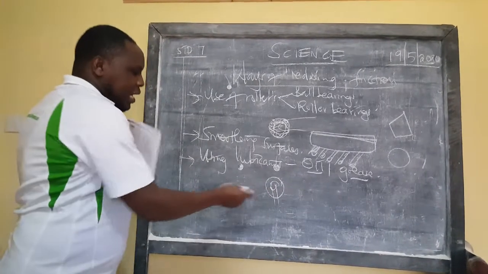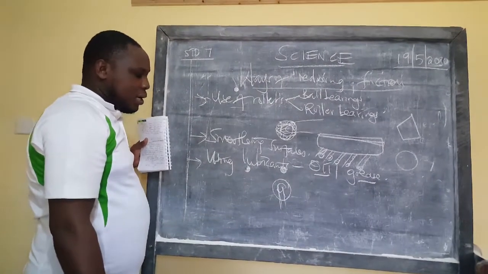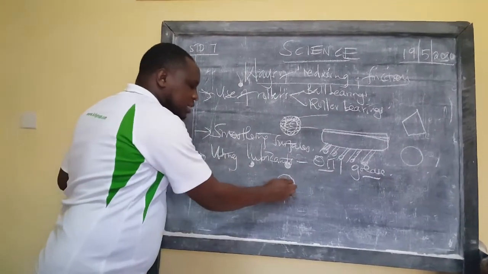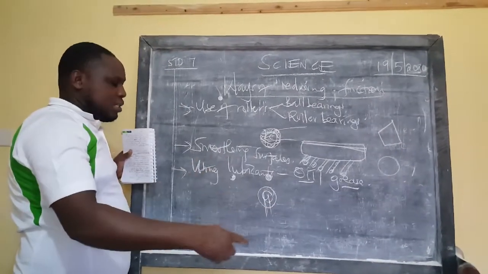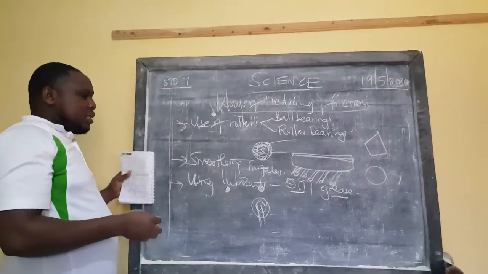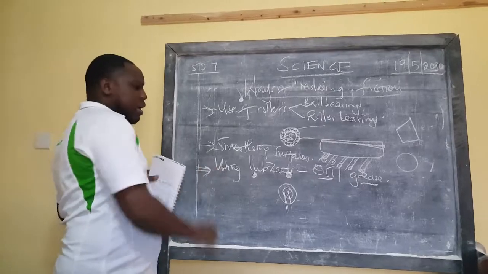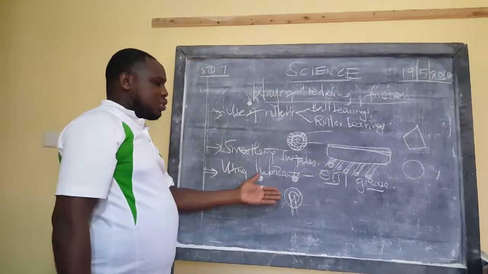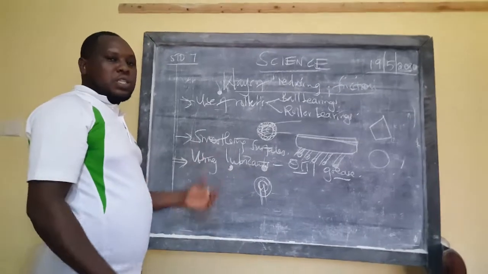So that this axle does not run on the wheel, leading to it becoming bigger and bigger every day because it has been worn out. So that is a substance that enhances smooth moving of that particular wheel. That's why if a wheelbarrow is not oiled or greased, you hear it producing some sound.